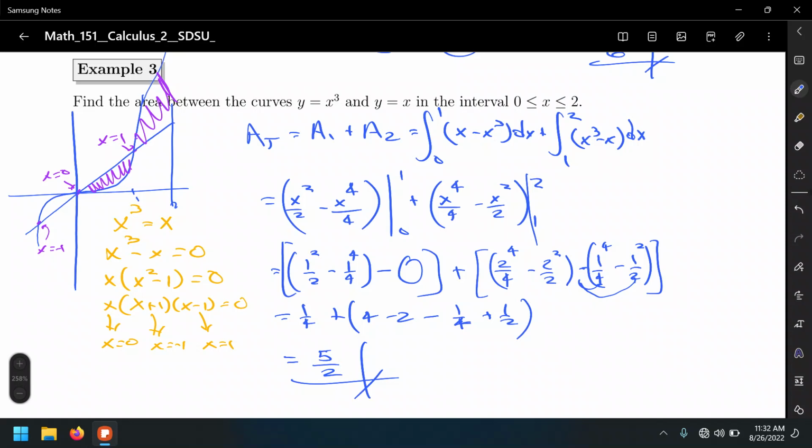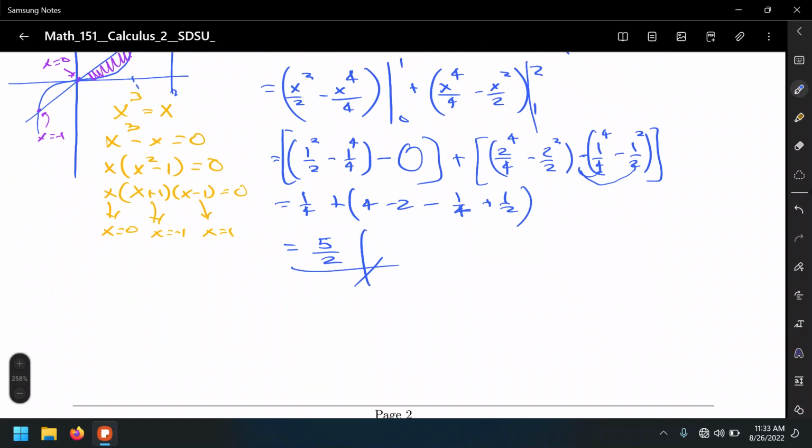Mostly you will be tested on how to sketch and how to set up, and in some cases you wouldn't even be asked to compute the integral, just set up an integral, because you will be getting weird and crazy functions that may not even be integrable with the methods that we know so far. Okay? So that's a good question.